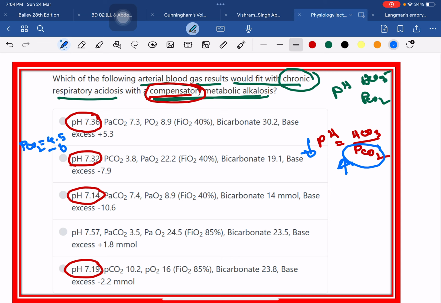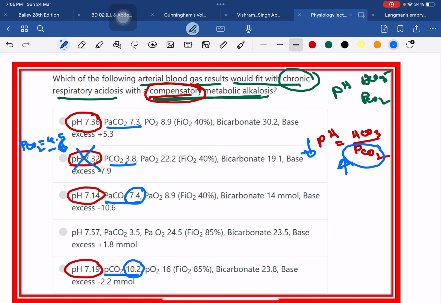The first is 7.3, which is more than 6, so it may be an answer. Then the second is 3.8, which is less than 4.5, so it will not be the answer. Then in the third option, the partial pressure of carbon dioxide is 7.4, which also increased, so it may be another answer. And in the last option, it is 10.2, so it may be another answer, because 10.2 is more than 6.